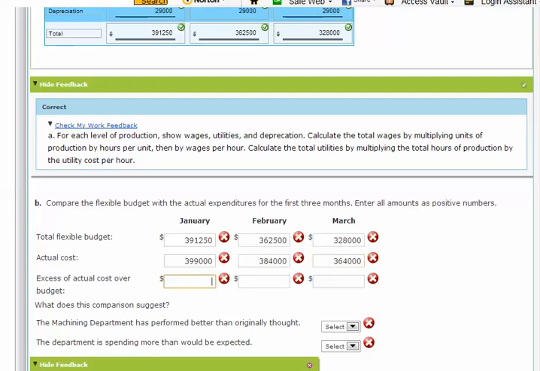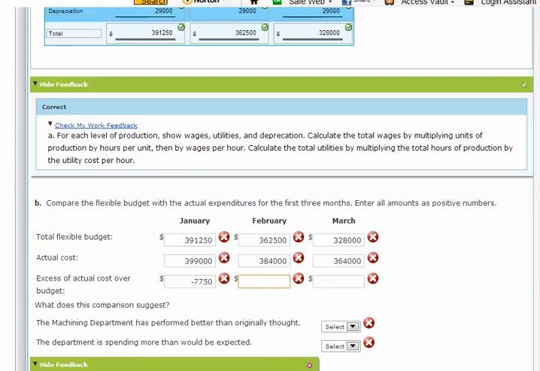Now we're going to find the difference, and in this case my actual cost for January exceeded my flexible budget. So if I take the $391,250 and subtract $399,000, I'm actually over budget, so I'm going to enter that as a negative number of $7,750.